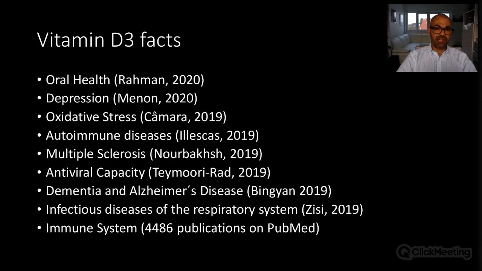Actually, there is not a single cell in our body that does not have a vitamin D3 receptor. So you can imagine whenever we have a deficiency, and believe me, the majority of you attending this webinar is deficient in vitamin D3, we need to take supplements. That's so important.